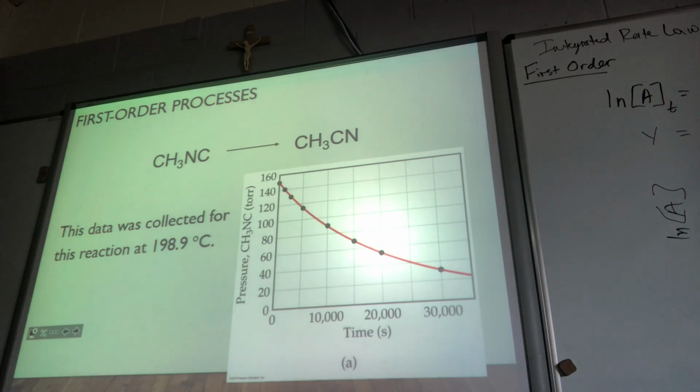Okay, when we graph the straight data, so when we take just A and we graph it versus T, this is what comes out. So this particular set of information is not useful. Right? I can't get the slope of that line because that's not a line.